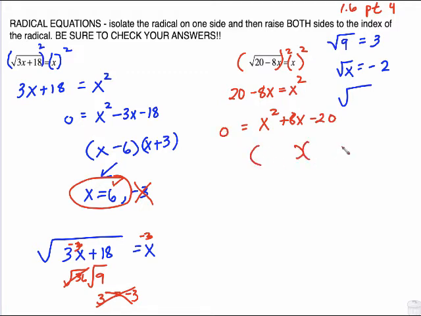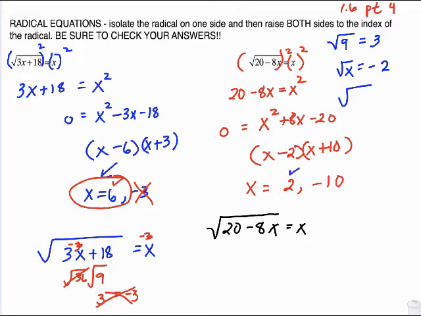We're ready to factor. We have x and x in the front. Since the last term is negative, one is minus, one is plus, and we're saying what multiplies to give us 20 that subtracts to give us 8 will be a +10 and a -2. Solve that, gives us x equals 2 and -10.